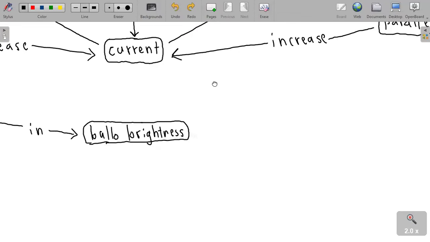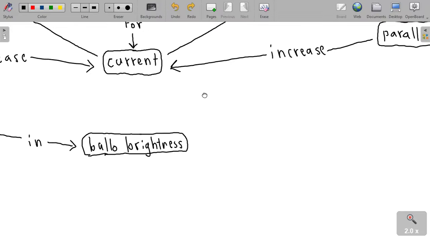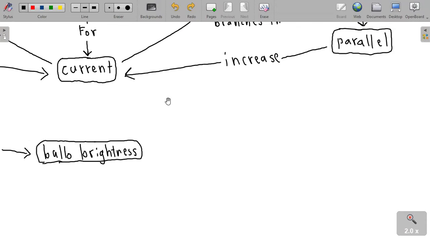We're going to observe an increase in bulb brightness.